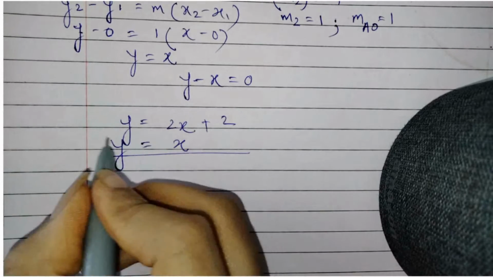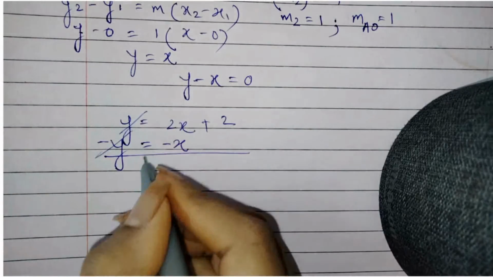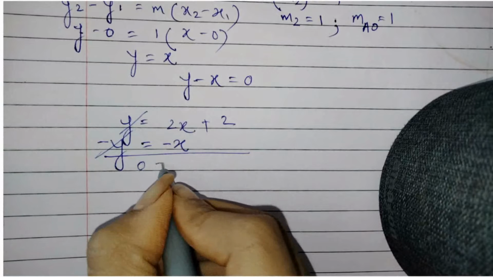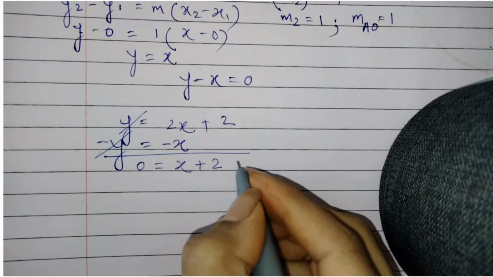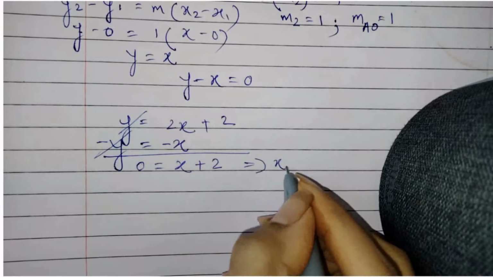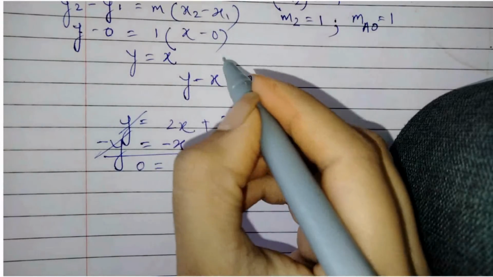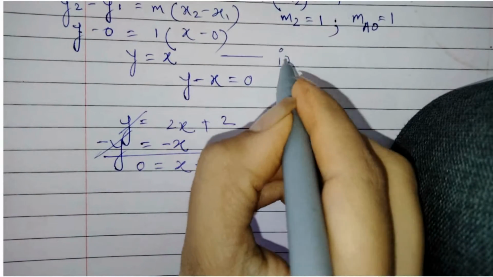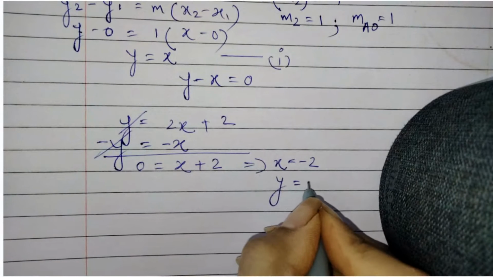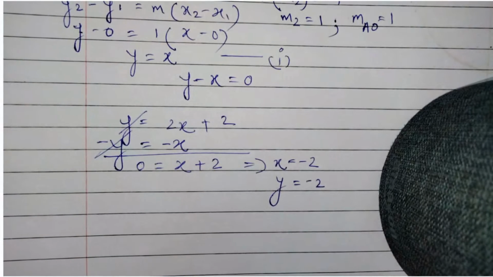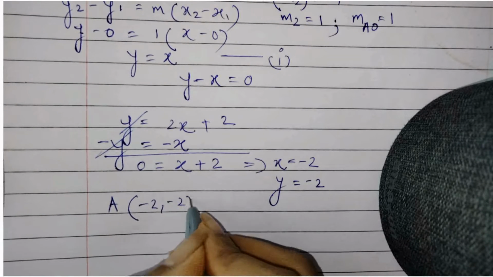So now while subtracting, the y terms cancel. 0 is equal to 2x minus x, which is x plus 2. So x is equal to minus 2, right? Now let's suppose this is equation 1. Substituting x in equation 1 will give you y is equal to minus 2. So this gives us the coordinates of A, minus 2 comma minus 2.